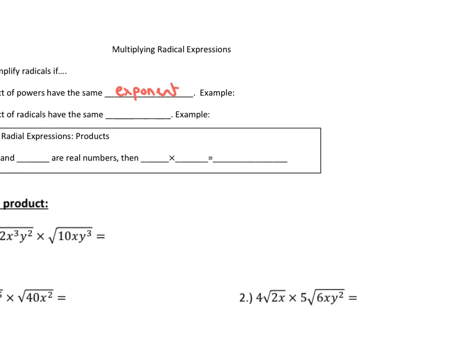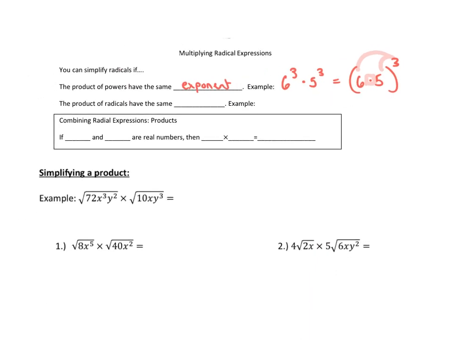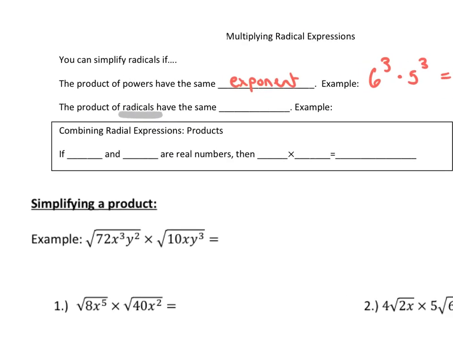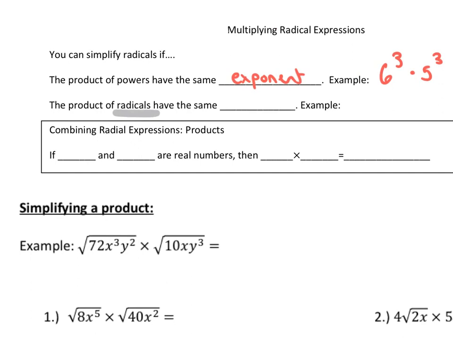An example of that would be if I had 6 to the 3rd power times 5 to the 3rd power, I could rewrite that as 6 times 5 all to the 3rd power, because we saw in Chapter 7 that when we're multiplying, we just are distributing that exponent. That's not what we're going to focus on this page, but I just wanted to bring that rule back. The one that we're going to look at is dealing with radicals, and they have to have the same, what's called index.